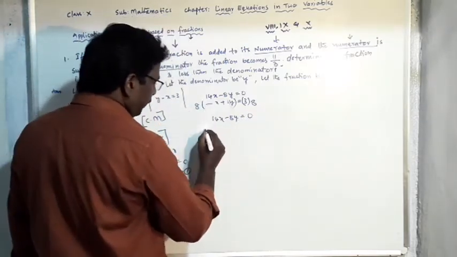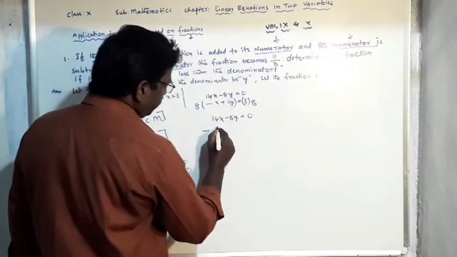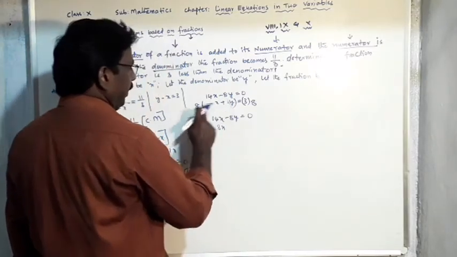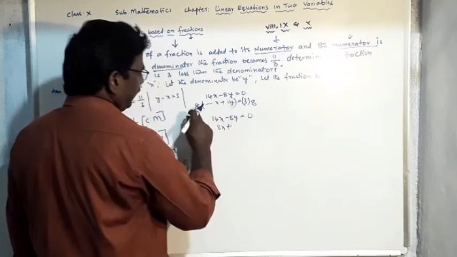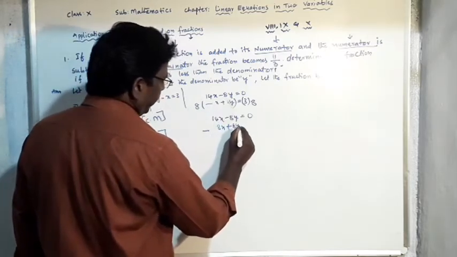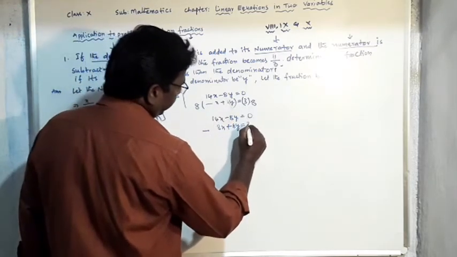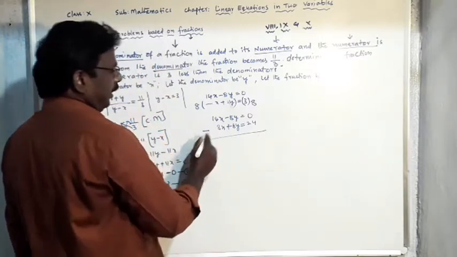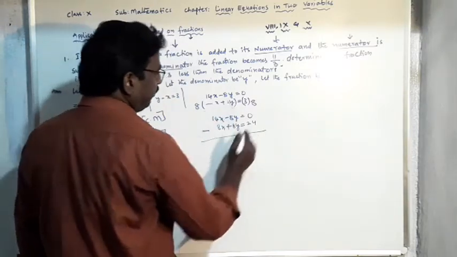Minus 8 into x is minus 8x, plus 8 ones are 8, into y, 8y, is equal to 3 eights are 24. Here the y terms have different symbols, so better to add the equations.